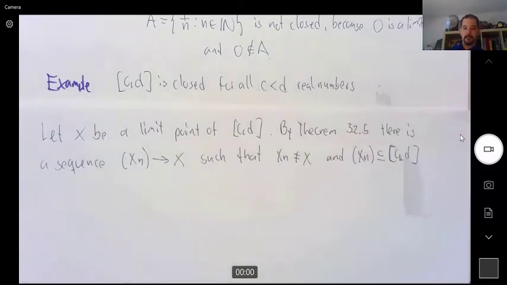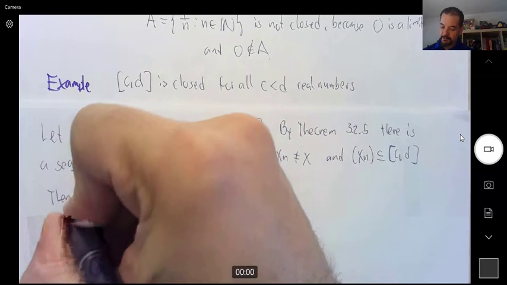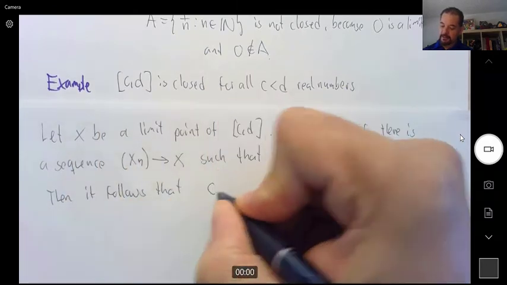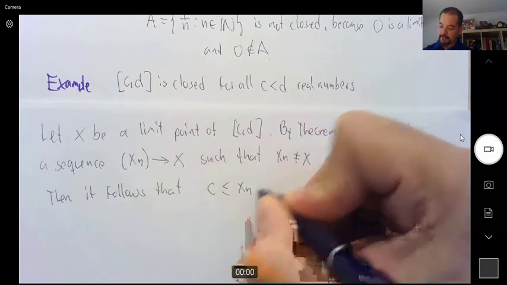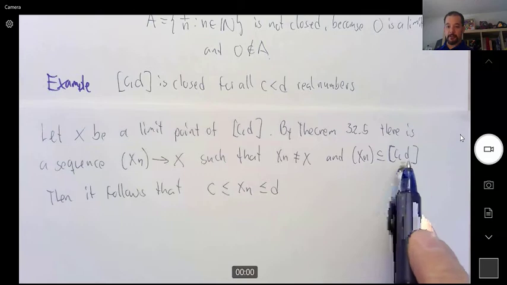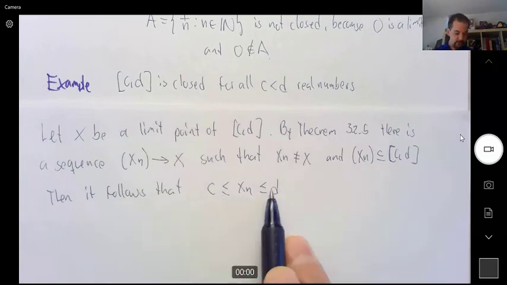Right? Okay, and now we got it, because it follows that C is less than or equal to xn is less than or equal to D. That's the meaning of belonging to this interval, right? It means you are between C and D, including C and including D.